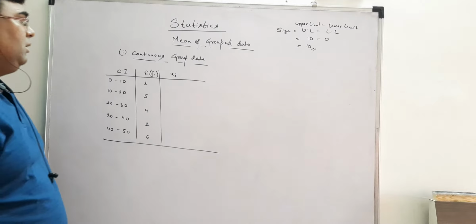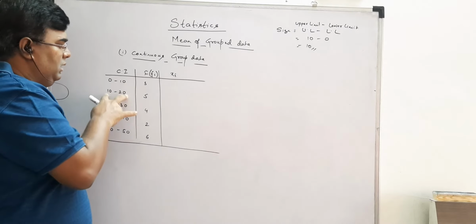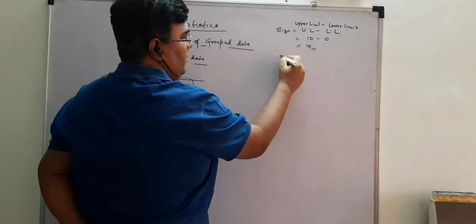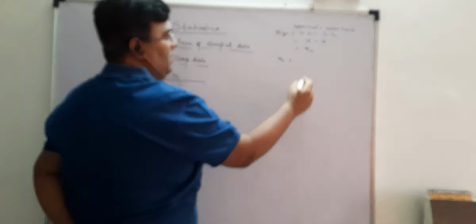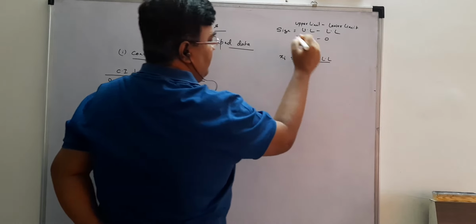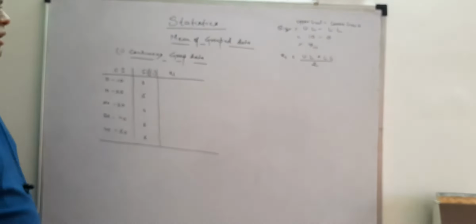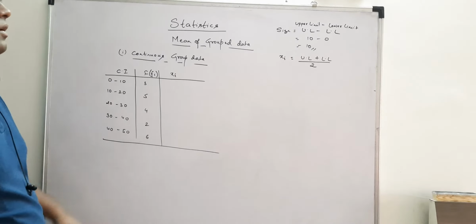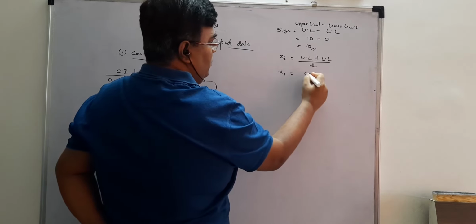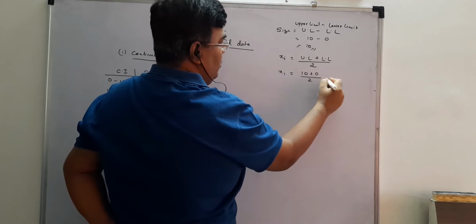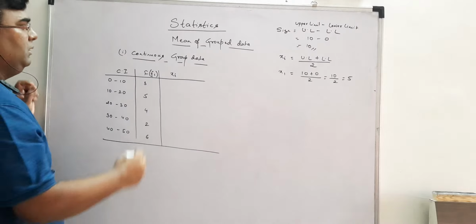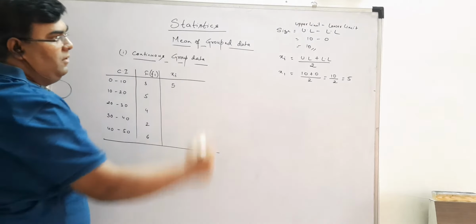Xi is basically the middle term of each class interval. It is the average of the upper limit and lower limit. So my first xi will be 0 plus 10 by 2, which is 10 by 2, which is 5, correct? So my first xi is 5.